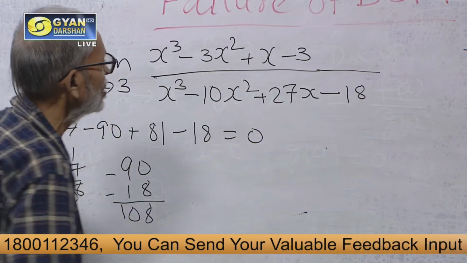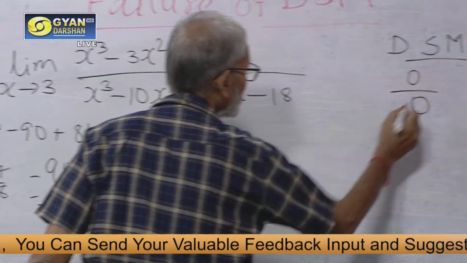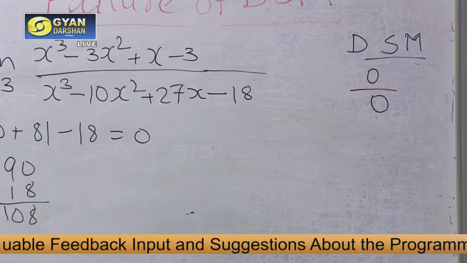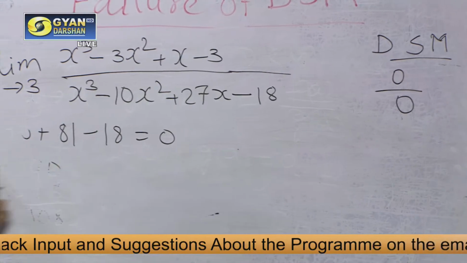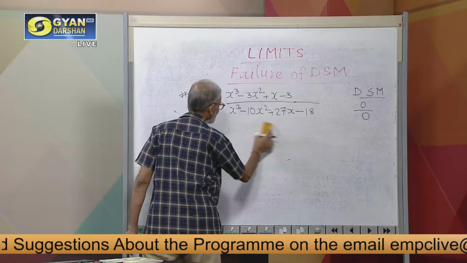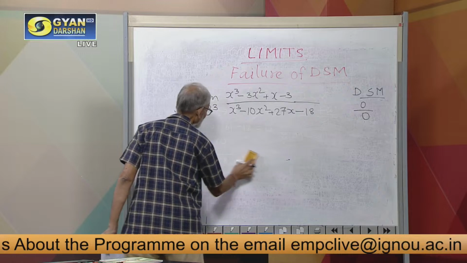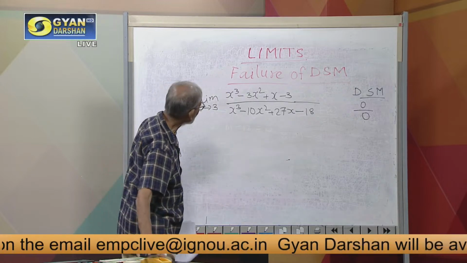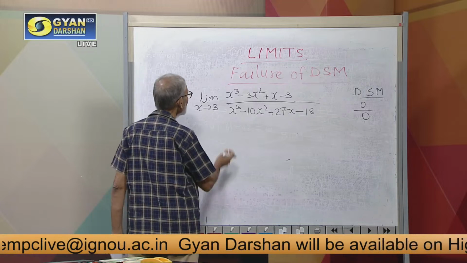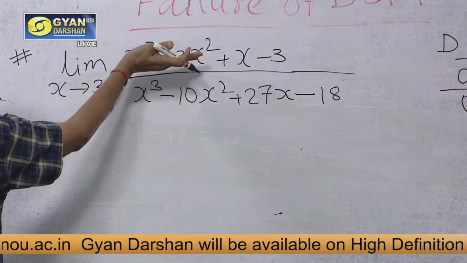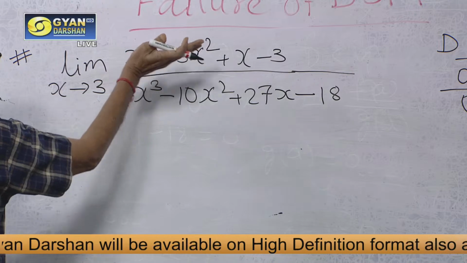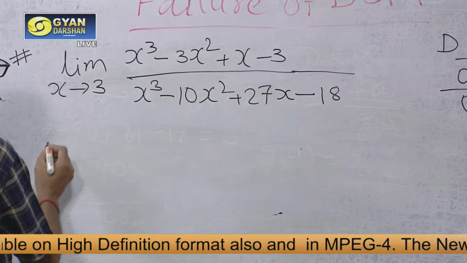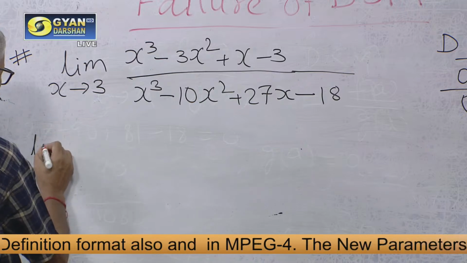So, it means that in direct substitution method it is coming out to be 0 by 0. So, this is indeterminate. Since putting x equal to 3 gives 0 in both the polynomials, numerator and denominator, x minus 3 must be a factor of this polynomial, and x minus 3 must be a factor of this polynomial also. So, let us find it out.